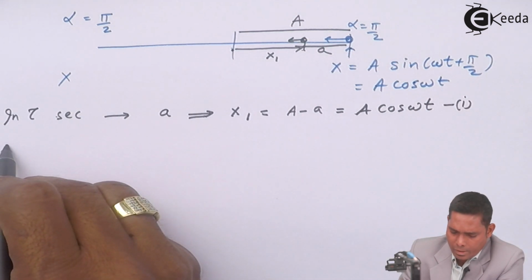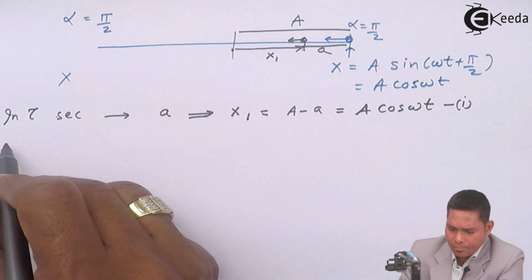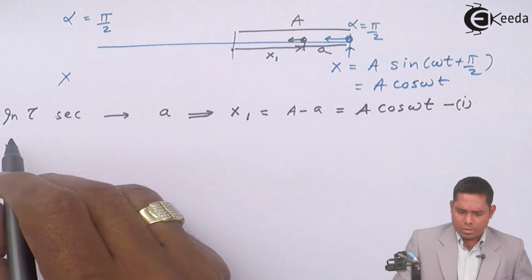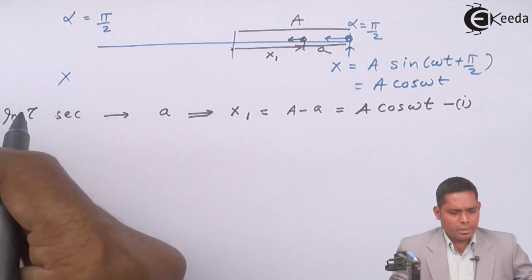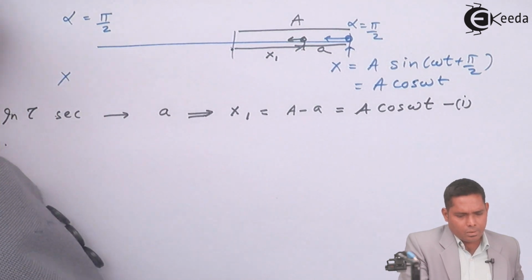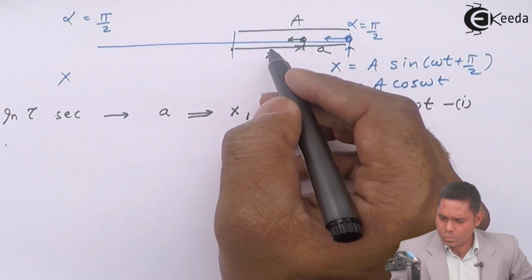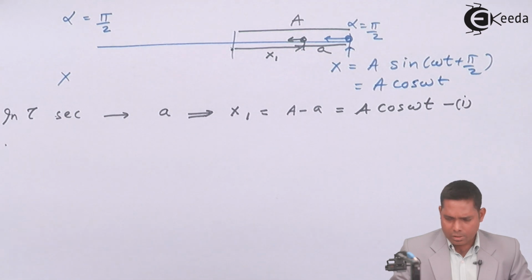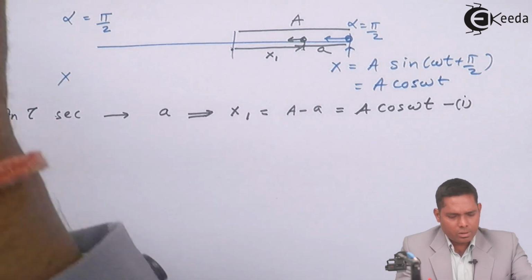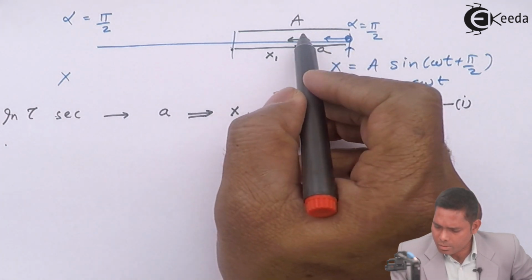Now again, in the next t seconds, the particle again is covering a distance 2a. I will use another color to distinguish that, so that you can distinguish it.